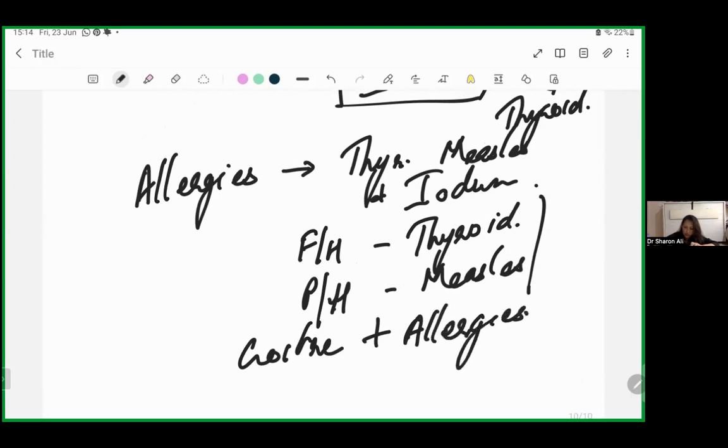So if you see a patient with goiter and allergies, ask them if they have a family history of thyroid, ask them if they had a past history of measles, and that will lead you to your indicated remedy.